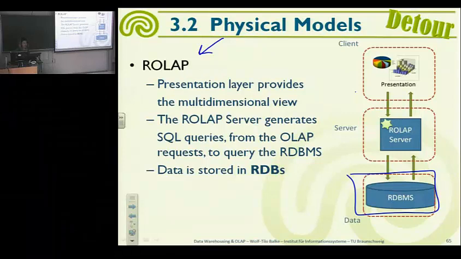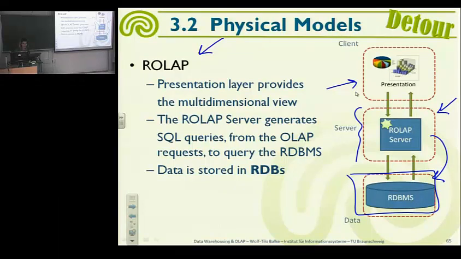As you can see now, unlike the MOLAP, you have something in the middle here, because you don't have the multidimensional OLAP server directly, but rather you need something intermediate, because you have to do this translation between the multidimensional queries so that they can be addressed by your relational database. So the presentation again gives you this multidimensional view.